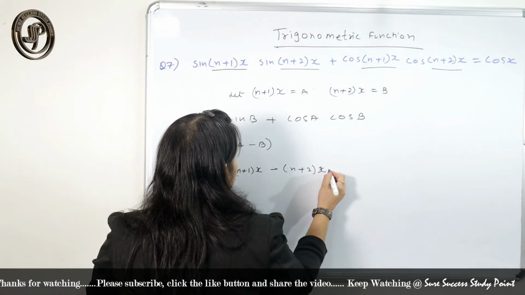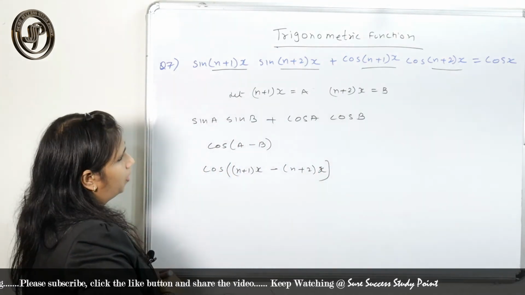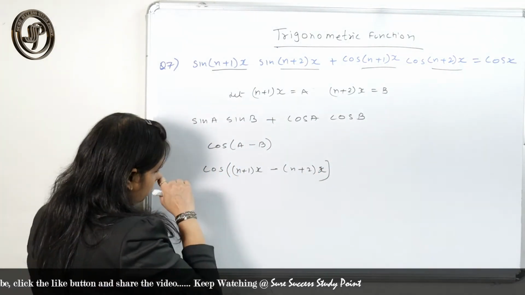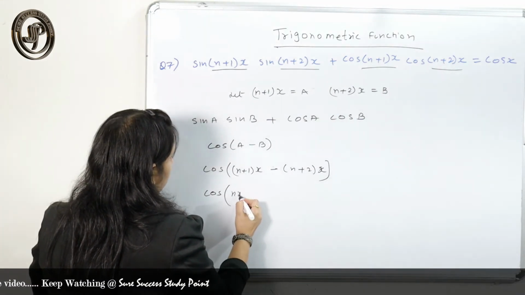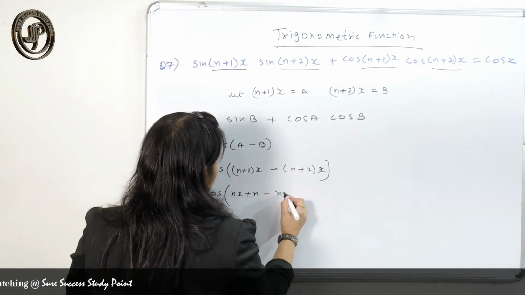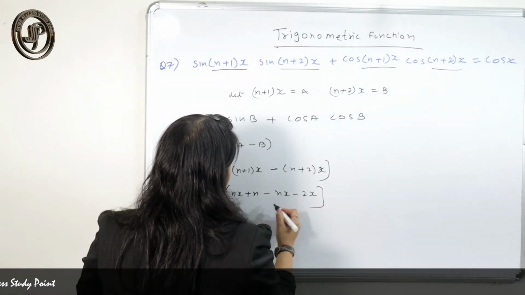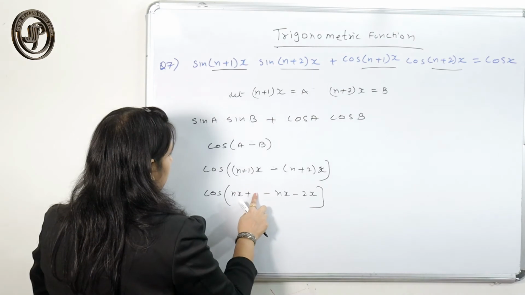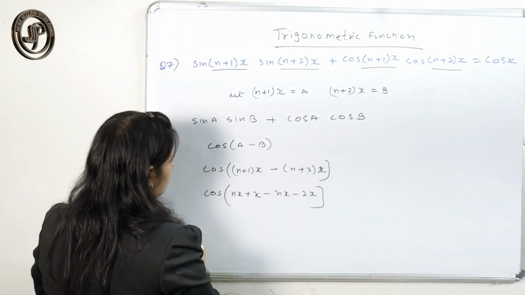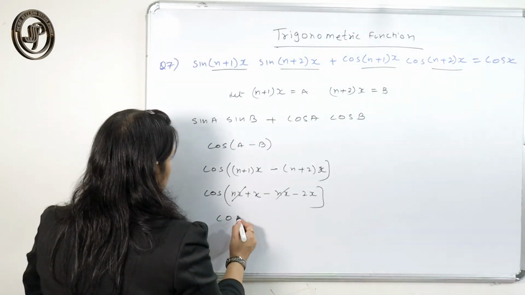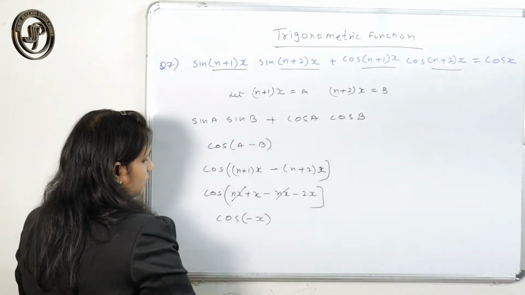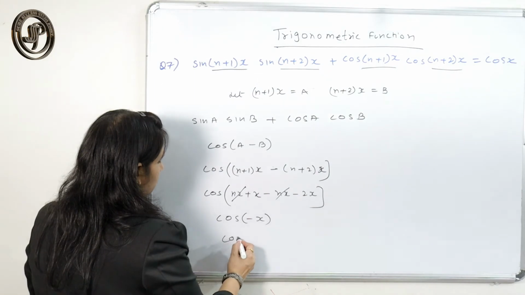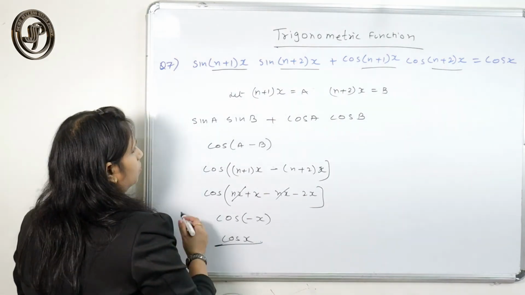A is your n plus 1 x and b is n plus 2x. So now it is what? nx plus x minus nx minus 2x. Okay, here it is minus x. So this will be your cos minus x, and we know that cos minus x will be your cos x.